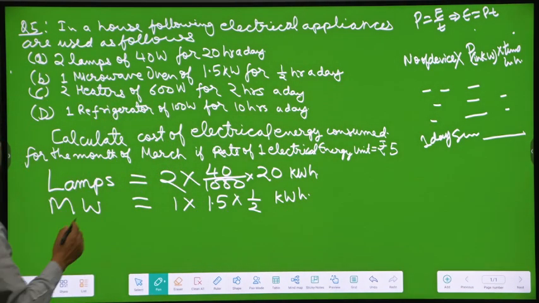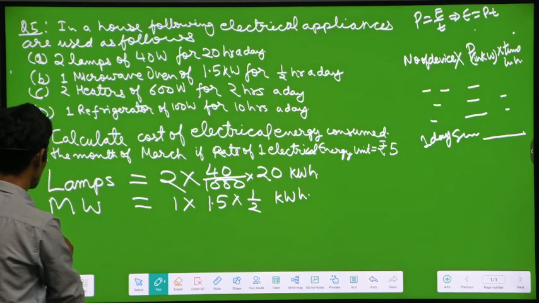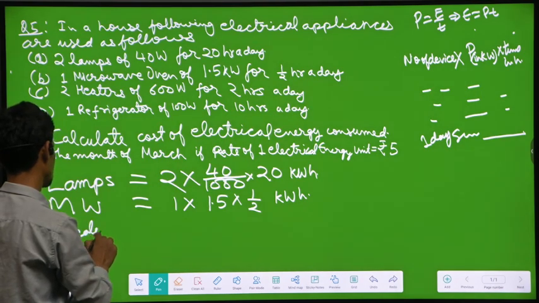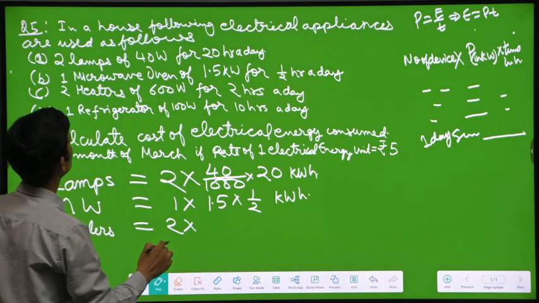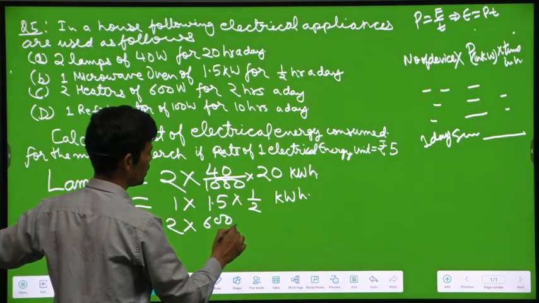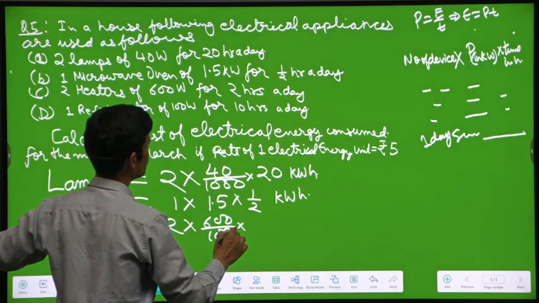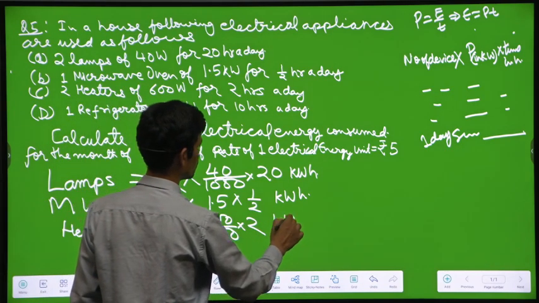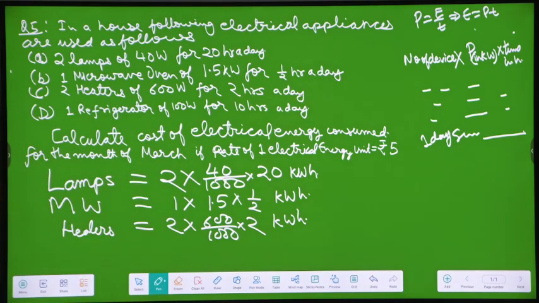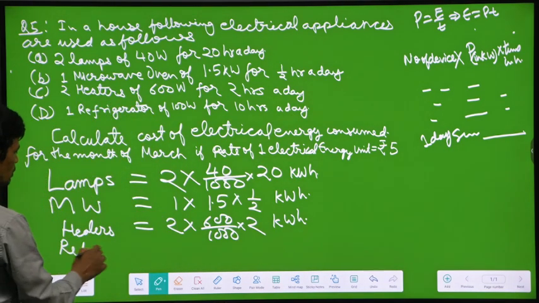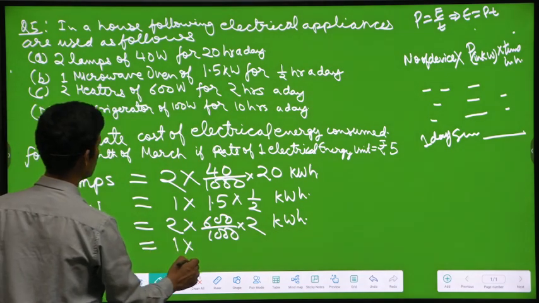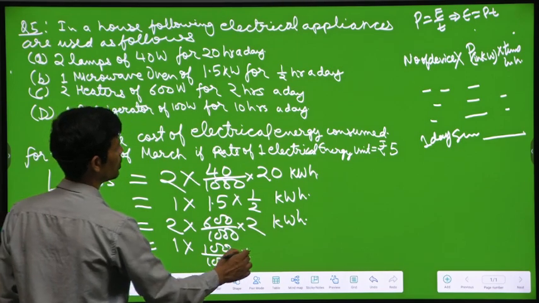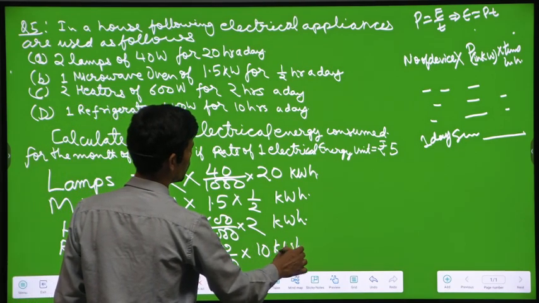Then there are heaters, 2 into 600 divided by 1000 multiplied by 2 hours. And finally, one refrigerator, 1 into 100 watt divided by 1000 into 10 kilowatt hour.